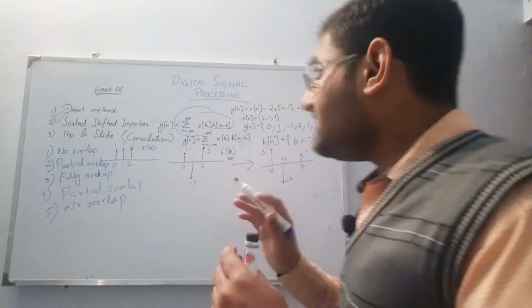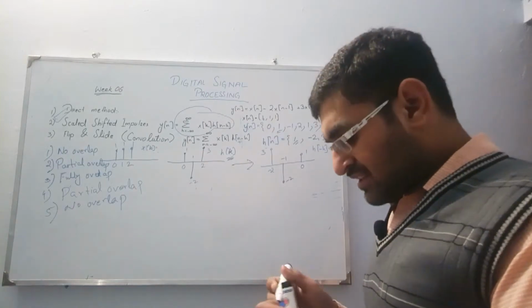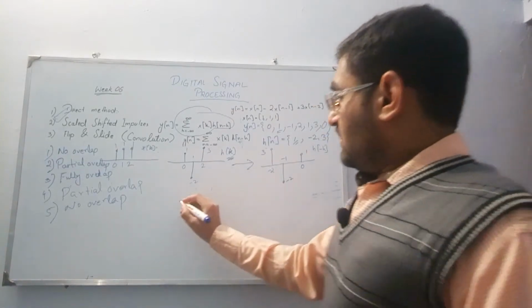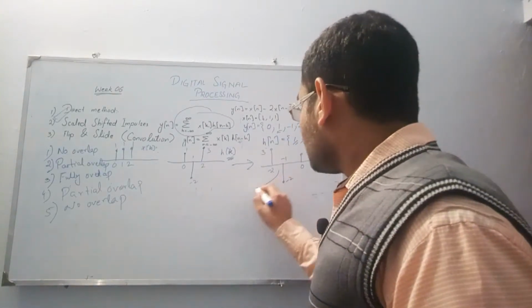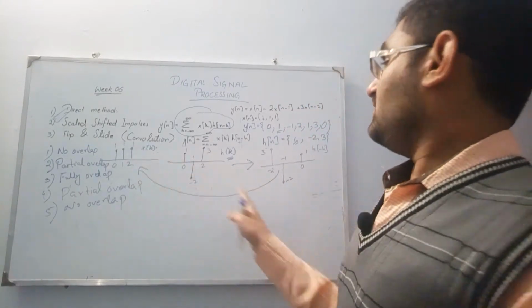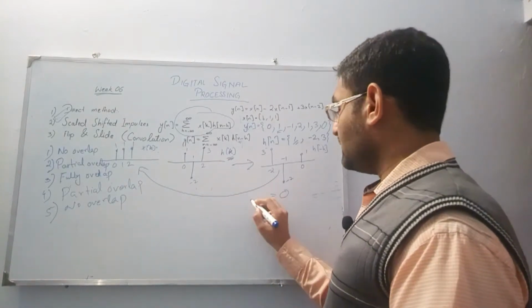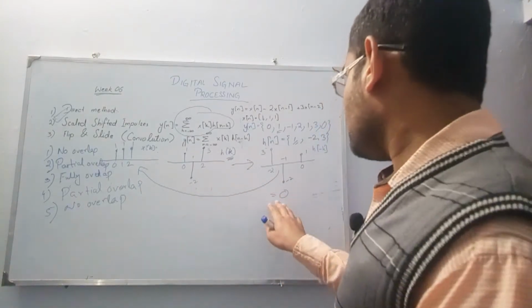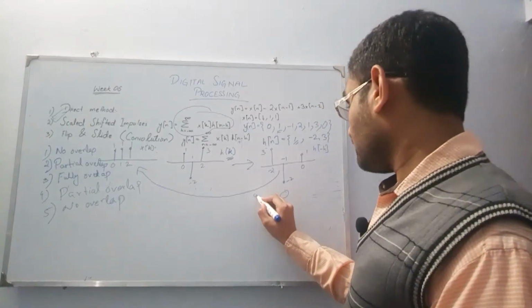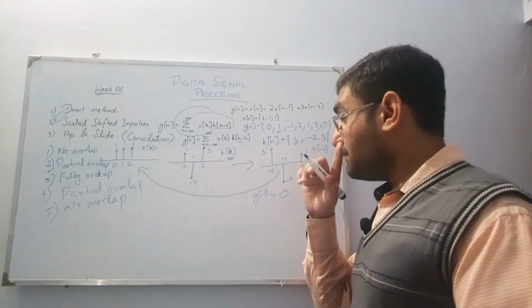So what I did in the previous example, which was this one actually, in the first step when I convolve these two, you can see there is no overlap. What will be the output in that case? In that case the output will be 0.